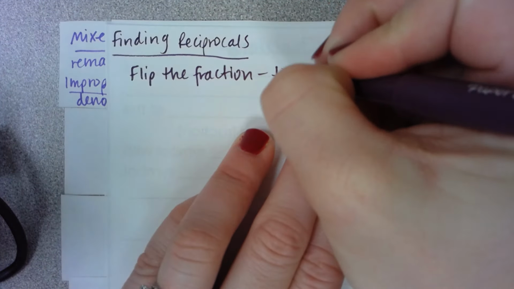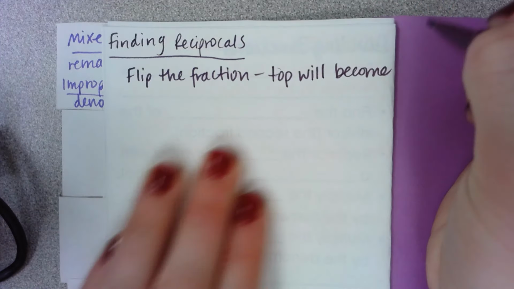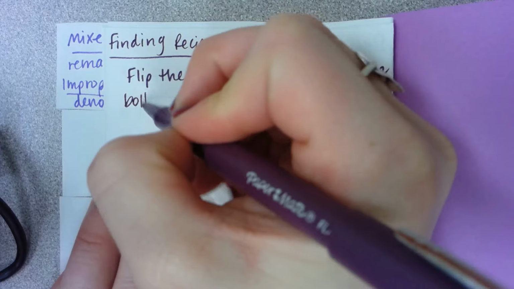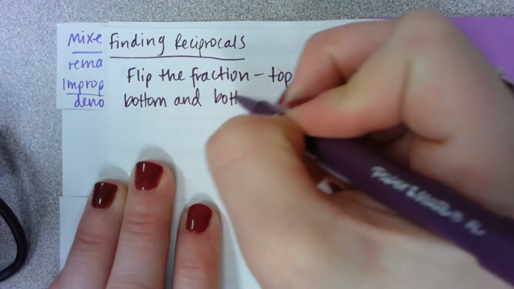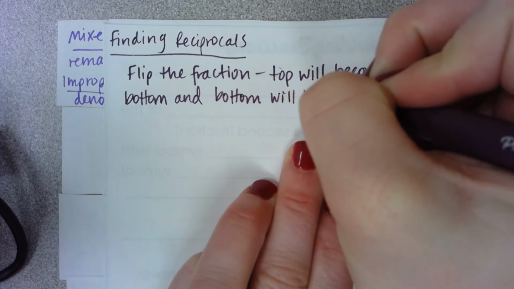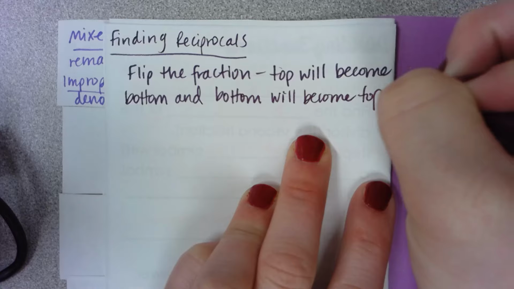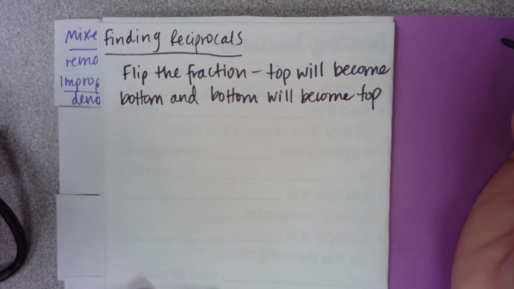The top will now become the bottom, and the bottom will become the top. Okay, numerator becomes denominator, denominator becomes numerator.